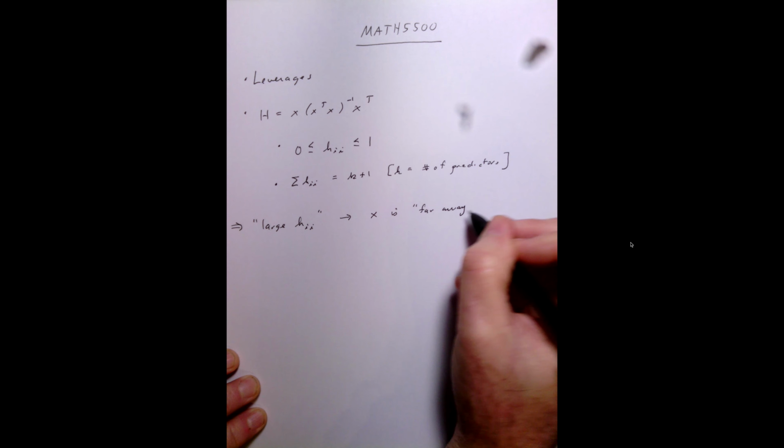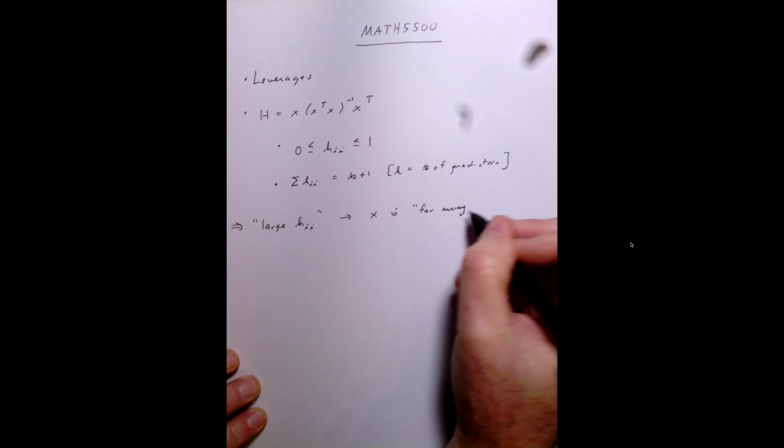So we can clean this up a little bit and say that h sub ii greater than or equal to 2 times (k plus 1) over n is a red flag for a high leverage. Indicating again that that particular x, again, your hat matrix is an n by n, right?